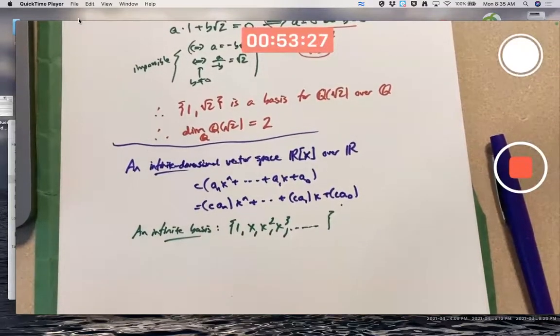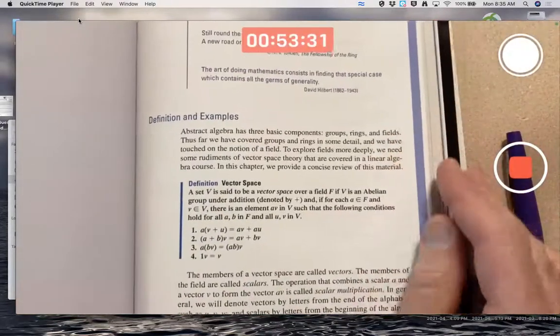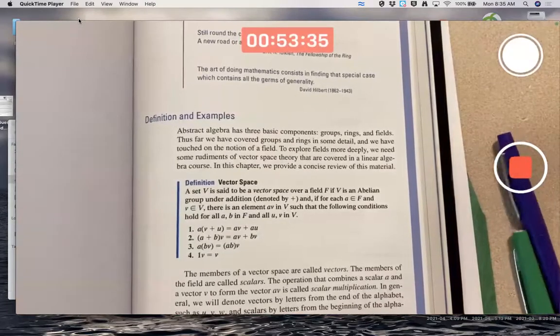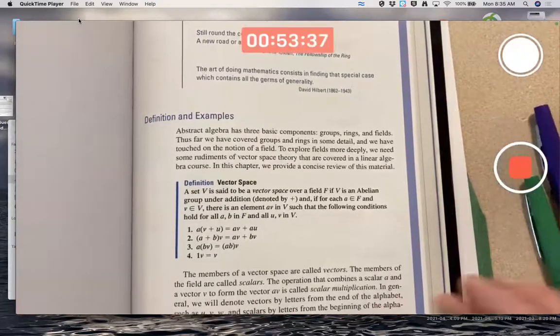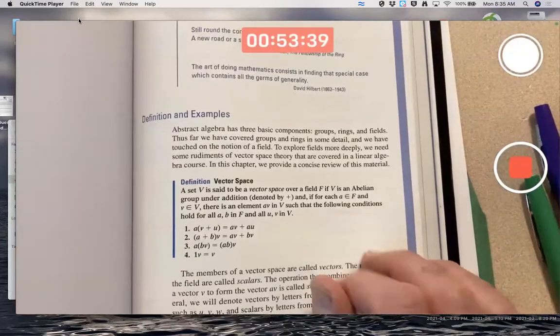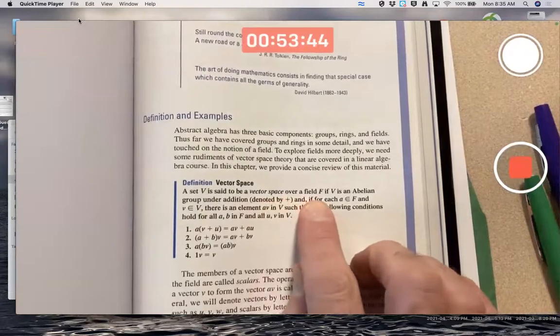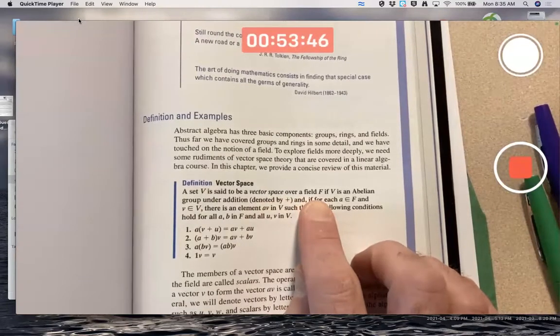The key difference between this definition right here and the definition of a vector space in your linear algebra textbook really is with regard to where the scalars come from. The scalars come from an arbitrary field. If you look in your linear algebra textbook, the scalars are assumed to be real numbers. Well, I think there might be one part of the book where they say consider complex scalars.